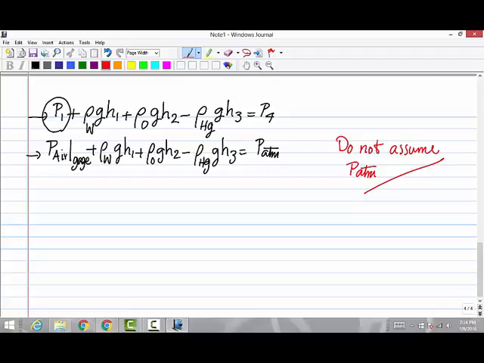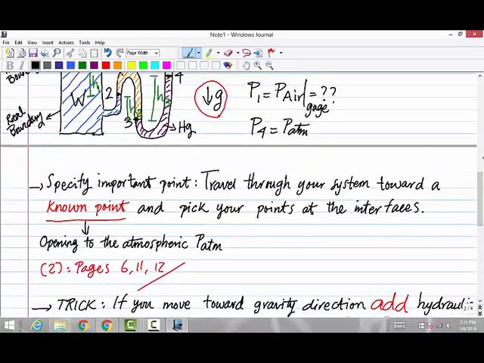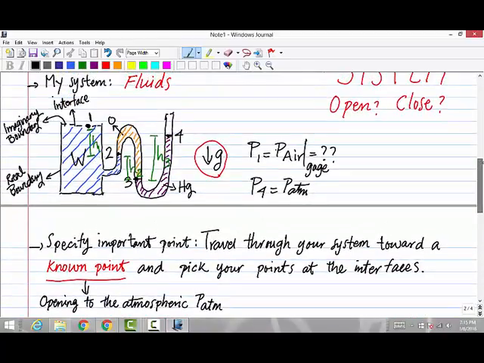This is what you should do. Do not assume P atmosphere. Think. Here I am talking about gauge. So P1, right? P1 is the absolute pressure.